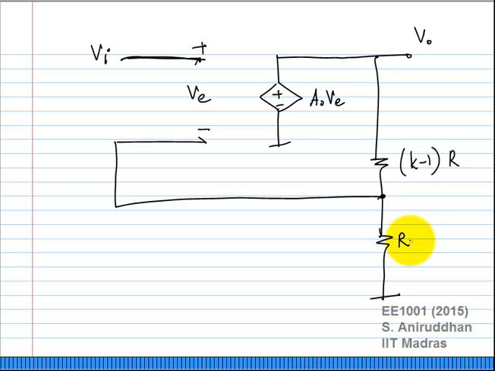Is that clear? So this voltage is VO by K. Now tell me, can you find out for me VO by VI? What is the expression for VO by VI? In steady state?